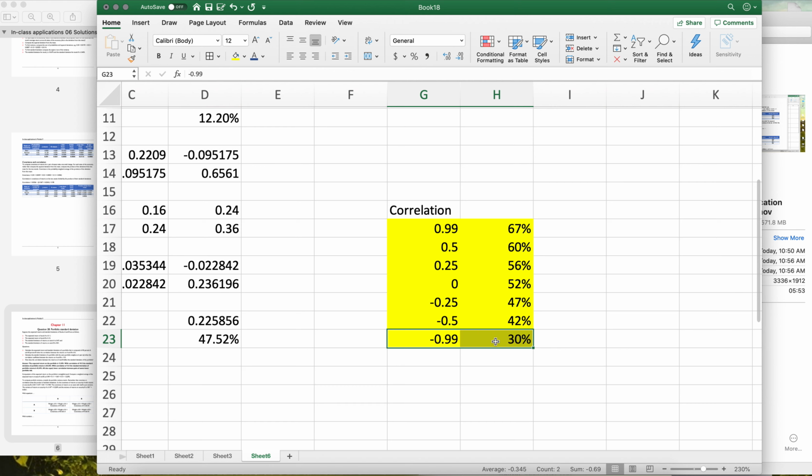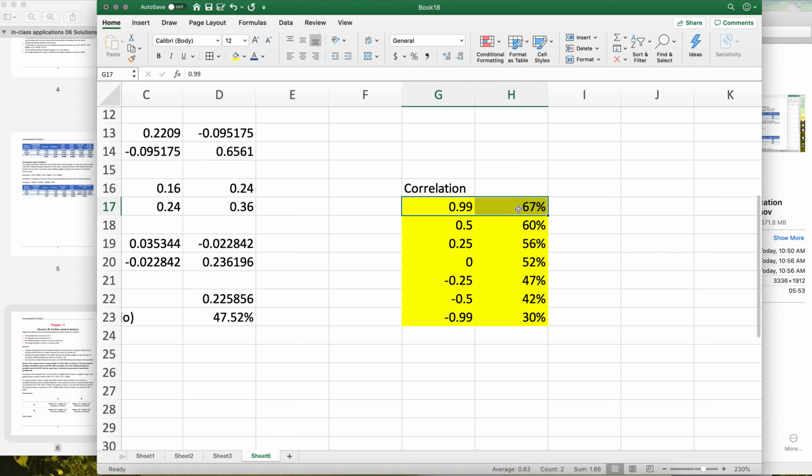And why is that? Well, when good times come, one asset does well. When bad times come, another asset does equally well. Since we only have two, stock B, say, will pick up the slack. And so if they're negatively correlated, then you always have kind of an okay time. If they're positively correlated, then in good times, the portfolio does really well.